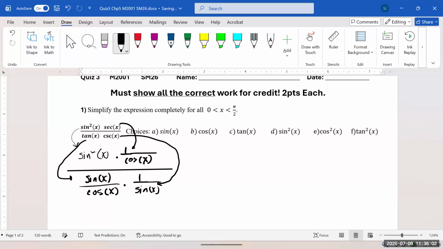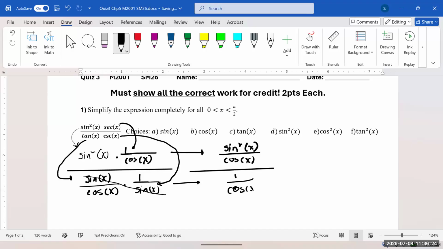Okay, so from this transformation, you can already see that sines are cancelable. So on the numerator, we have sine squared x divided by cosine x. And on the denominator, you can see we have 1 on the numerator and cosine x on the denominator.